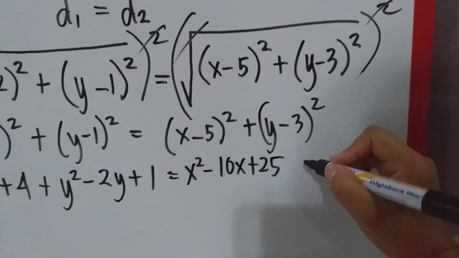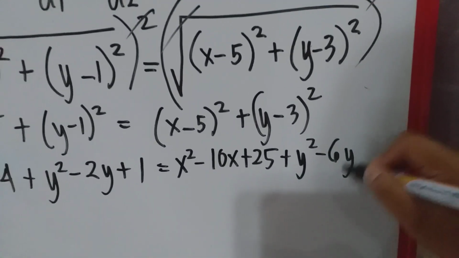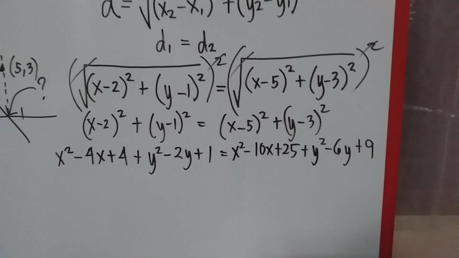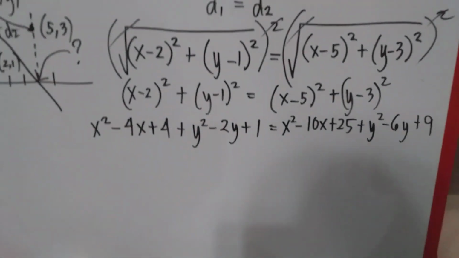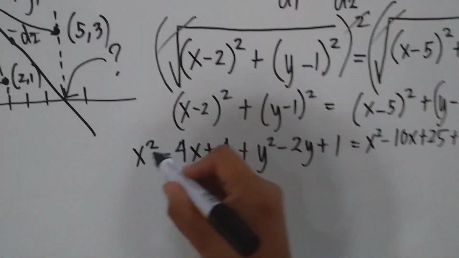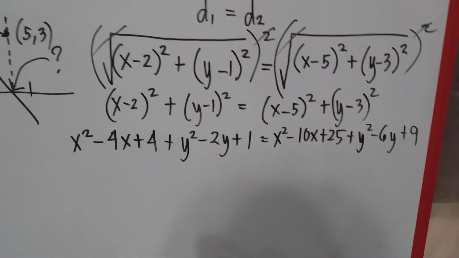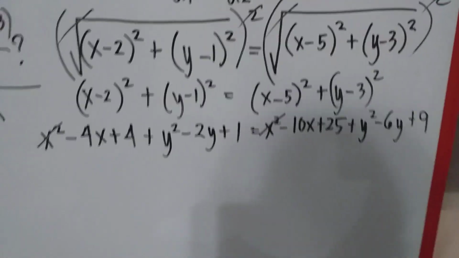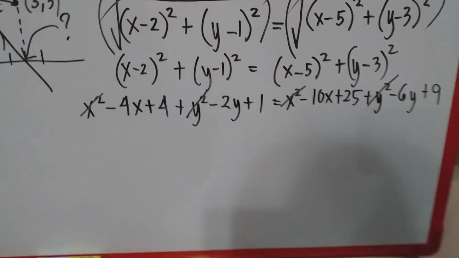Then expanding this one, y square minus 6y plus 9. After expanding, we will cancel and collect terms. Since x square is located both on the left side and on the right side of the equation, we will cancel that out. Then y square and y square.